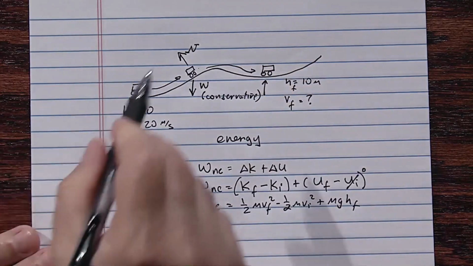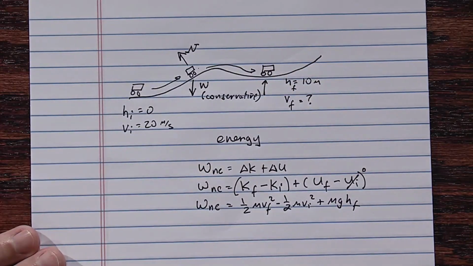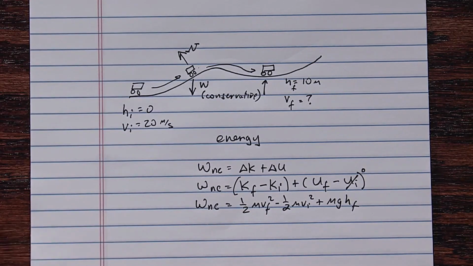The normal force is not conservative, but just as in our last example, last time with Jim on his skateboard on a quarter pipe, the normal force is always perpendicular to the surface, and the motion is always parallel to the surface.